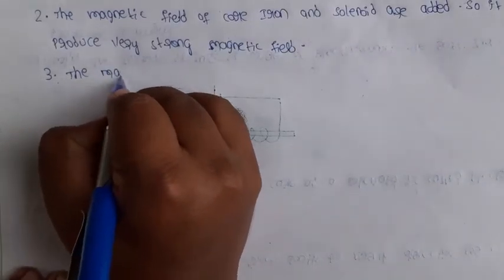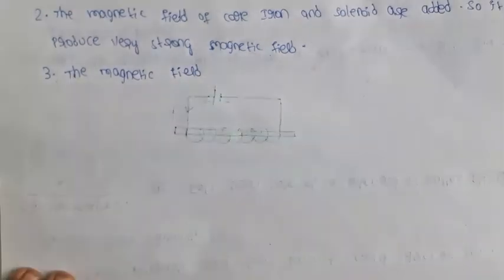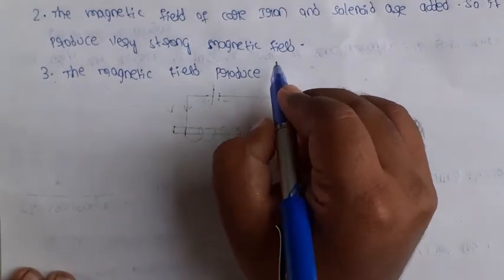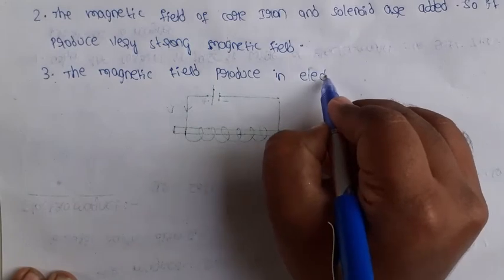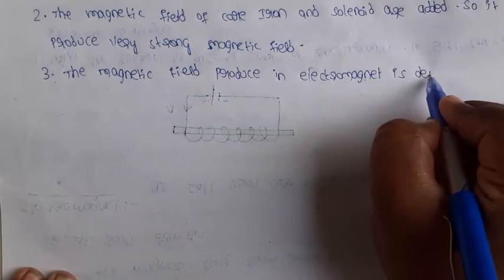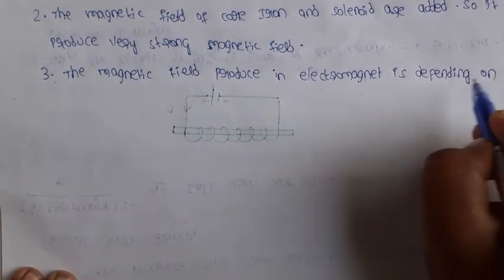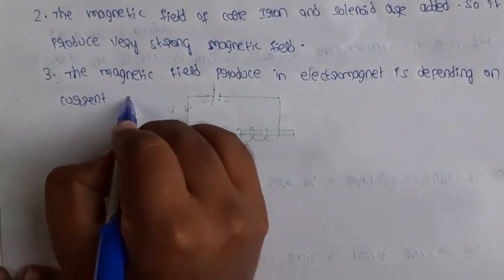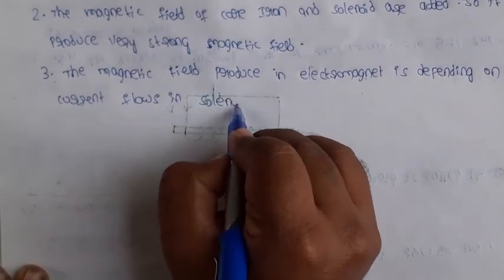The magnetic field produced in electromagnet depends on current flowing in the solenoid.